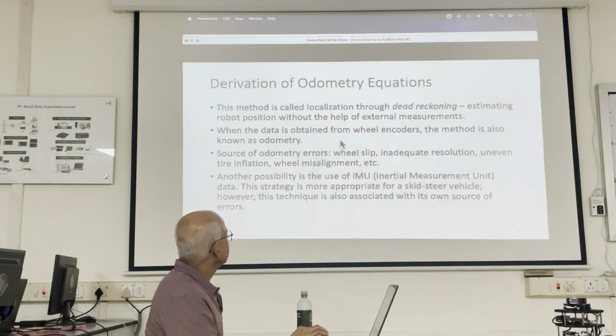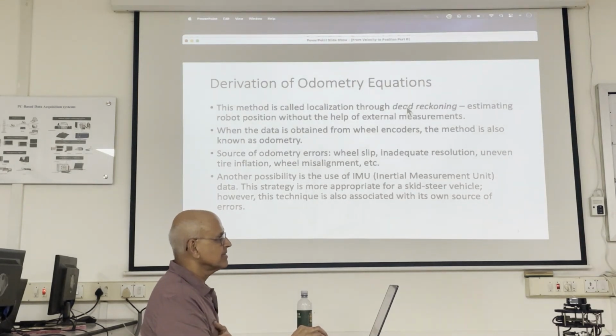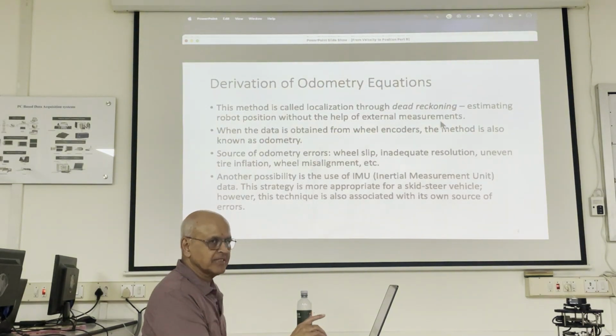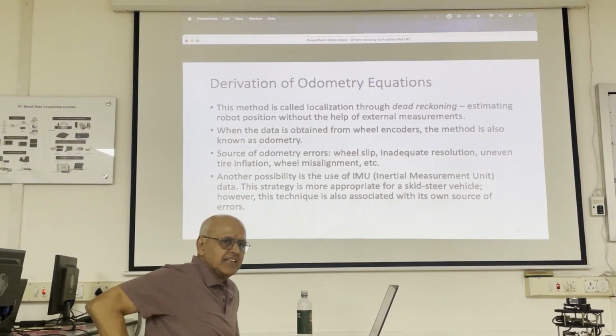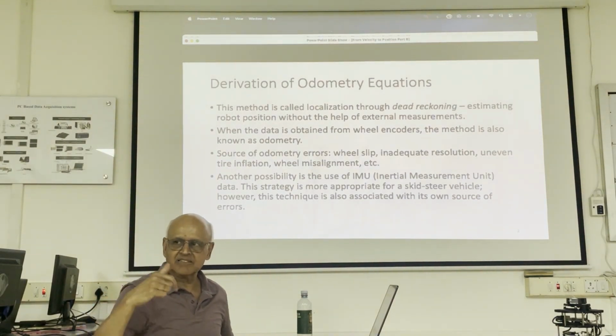This method is known as localization through dead reckoning. Just terminology. I don't know why they use the word dead reckoning. You can Google it. It means estimating robot position without the help of external measurements. I believe that is the reason they call it dead reckoning. When you use GPS, that's an external measurement.